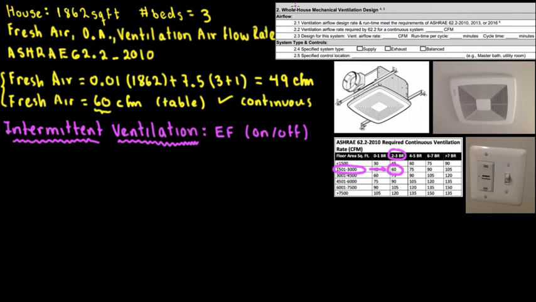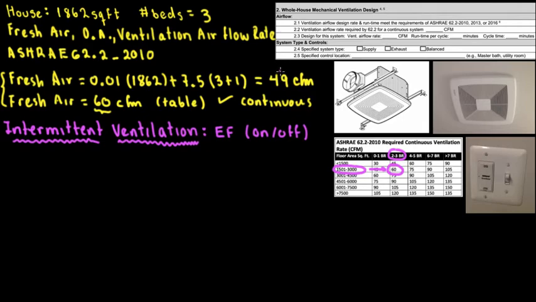The figure on top is coming from the Energy Star certified homes, version 3.1. This form indicates the ventilation airflow rate required by 62.2 for continuous ventilation. That would be from the table, and that's going to be 60. Some other programs like RightSoft would give you the value from the formula.